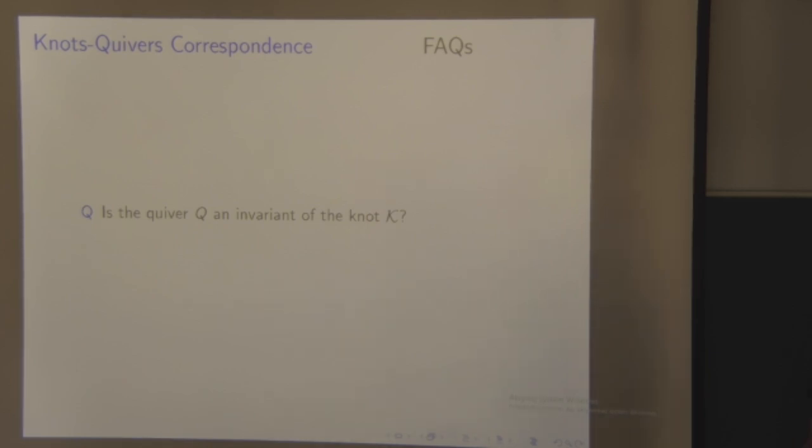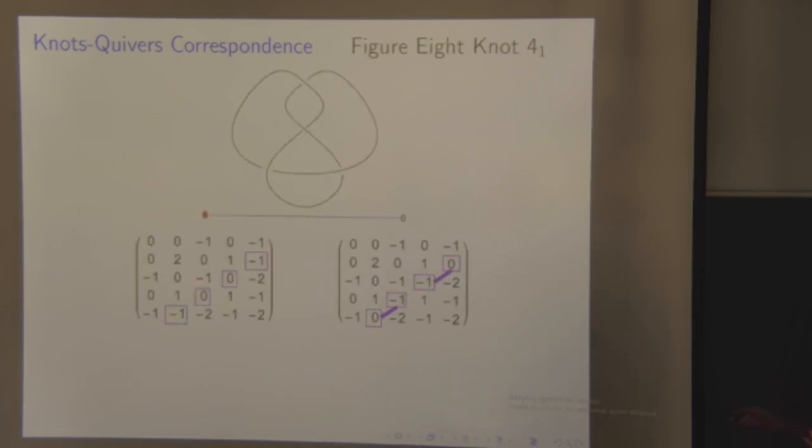Is a quiver an invariant of the knot? Well, I didn't know how exactly the previous talks would phrase this, so they already gave the spoiler, and the spoiler is that there's no one-to-one correspondence between knots and quivers. The first case where you can see this is the figure 8 knot. This is the matrix of the associated quiver for the figure 8. You can take these two off-diagonal elements and transpose them. In this diagram, it's just a graph.